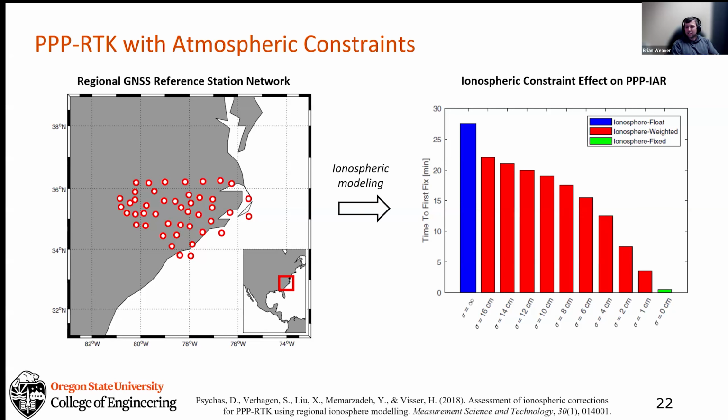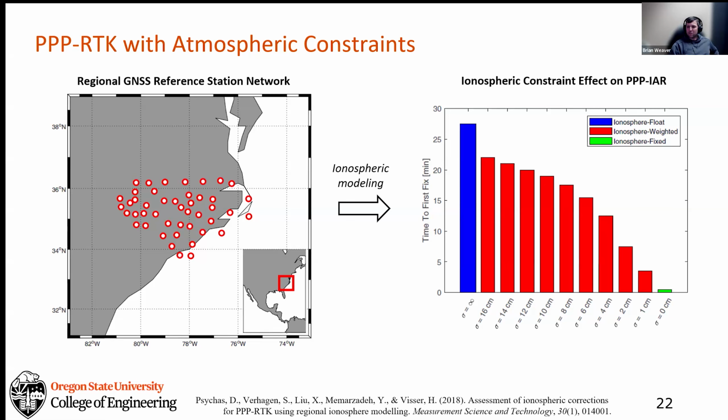So the figure on the right side is showing the time to first fix rather than the convergence time, because now we're doing fixed integer ambiguity resolution. When no ionospheric information is provided to the user, you're at around 30 minutes, or a little bit less, to get those fixed integer ambiguities.